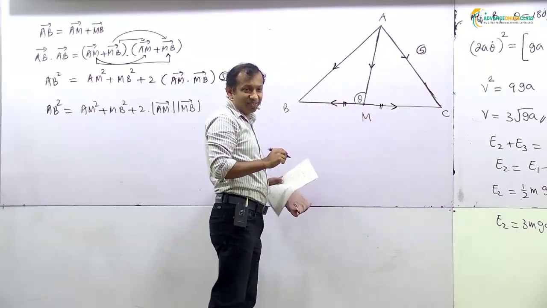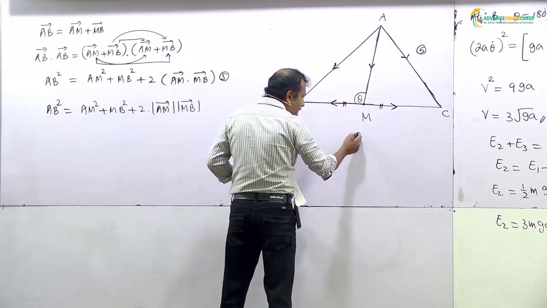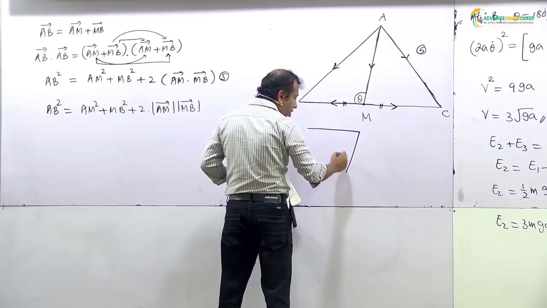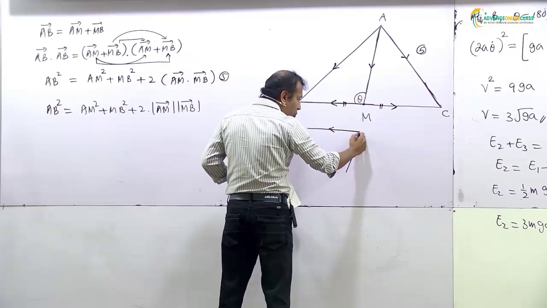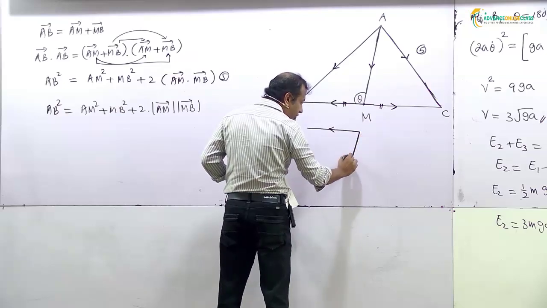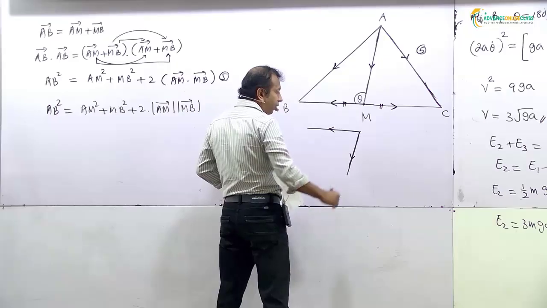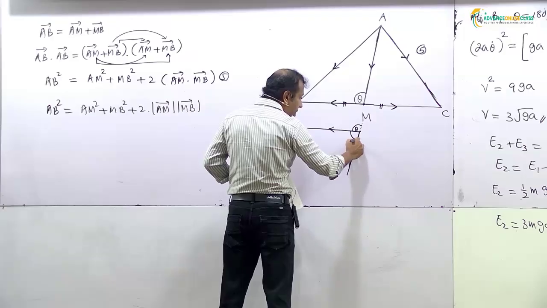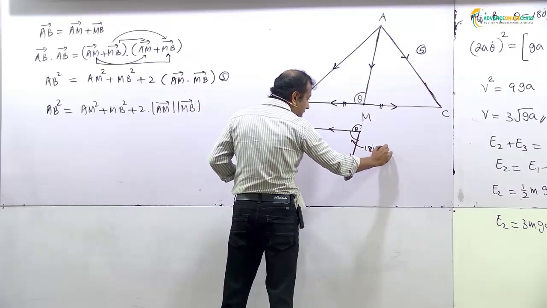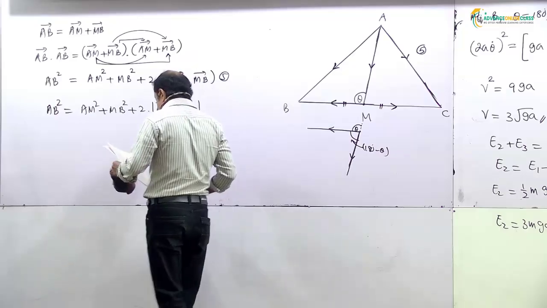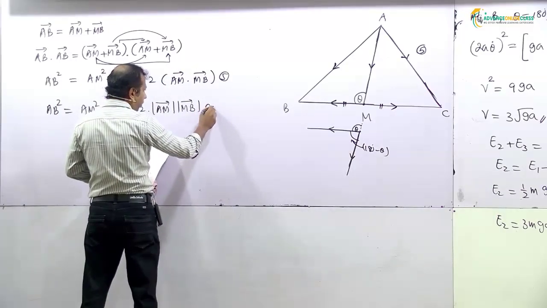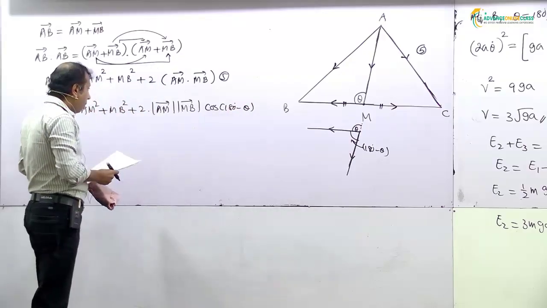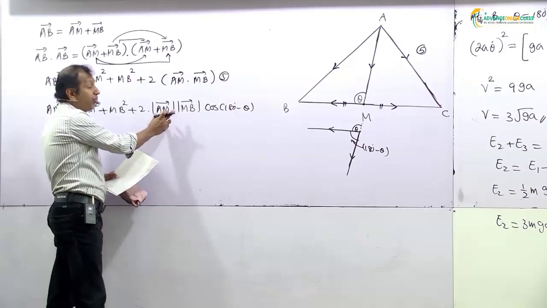Not theta. We know when we define the dot product, the two vectors we must draw so as to go away from a point like this. So this is the angle theta. Then this is 180 minus theta. 180 minus theta is the required angle. Cos 180 minus theta. AM modulus means AM length.